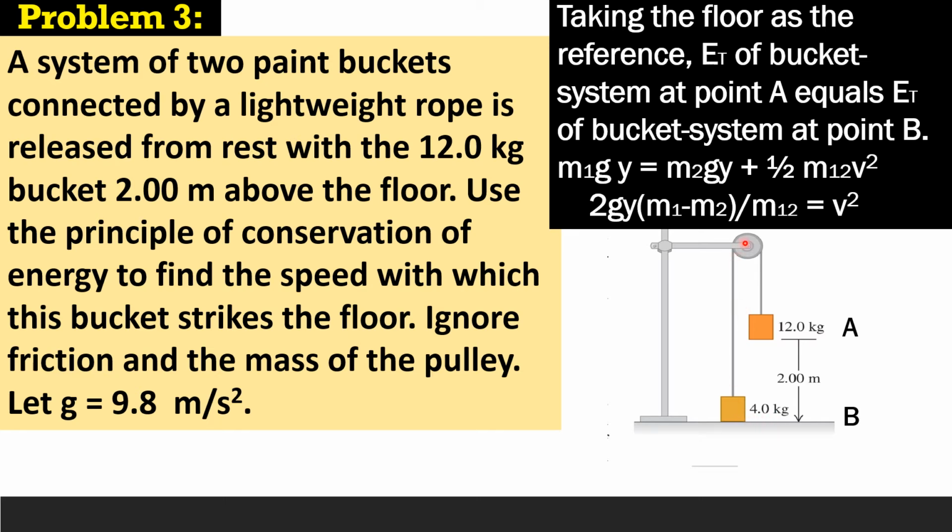So this is the case where we have what we call an action-reaction pair of forces. The 12 kilogram is exerting a pulling force on the 4 kilogram mass. That is the reason why the 4 kilogram mass will also be moving up, since it's tied to the other end of the rope.